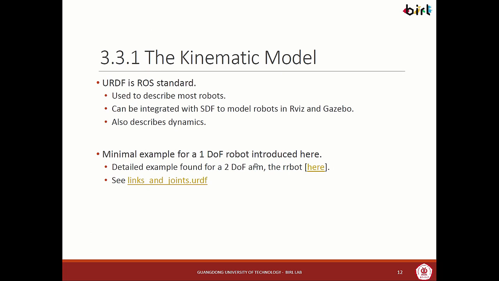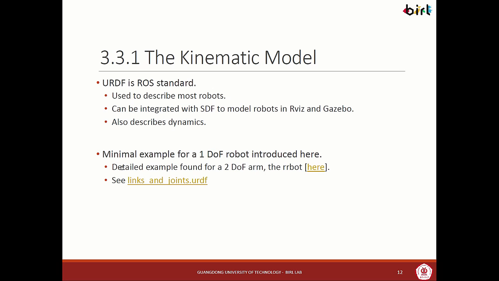Let's move slowly through the next part. Okay. We're gonna look at a robot description called minimal example. It's a 1 degree of freedom robot. So it can rotate in one direction. It's a 1 degree of freedom.